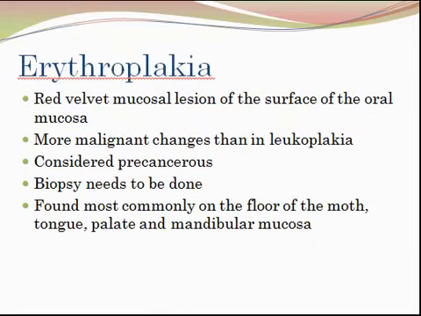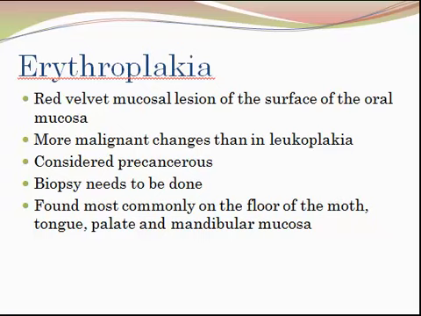Erythroplakia is on page 1195 as well, and it's just a little paragraph. It basically says if you find any kind of red velvet mucosal lesions at the surface of the oral mucosa, that's usually how this presents. They're usually more malignant changes than in leukoplakia, and this one is considered to be precancerous.